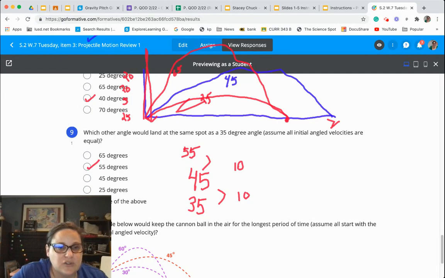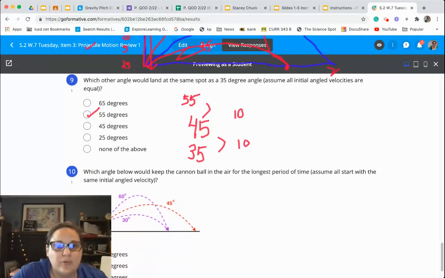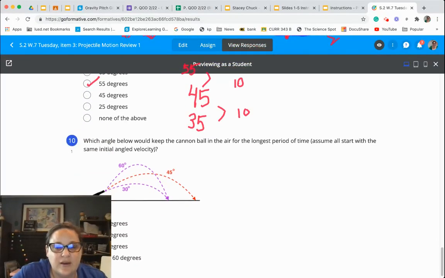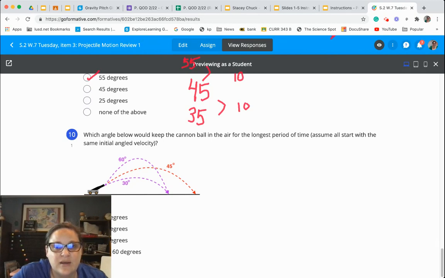Last question, number 10. Which angle below would keep the cannonball in the air for the longest period of time? Assume all start with the same initial velocity. The amount of time a projectile stays in the air is determined by its initial vertical velocity, so how much velocity it has going upward, because the upward motion is decreased by 10 meters per second every second because of gravity.